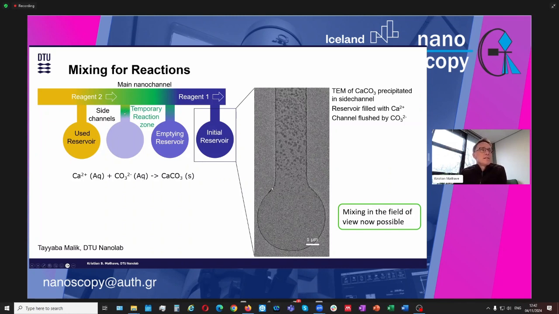But out here in our side channels and with the reservoirs, there's plenty of time to make a reaction going and diffusive mixing of the two. And what we'll see here is that the bottlenecks will be filled with calcium carbonate precipitates. So with these nanochannels, now we can begin to control diffusion, mixing, and flow in the field of view, which is not really possible with the commercially available systems.